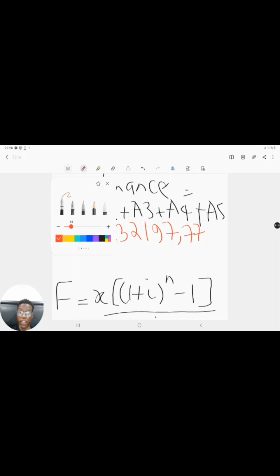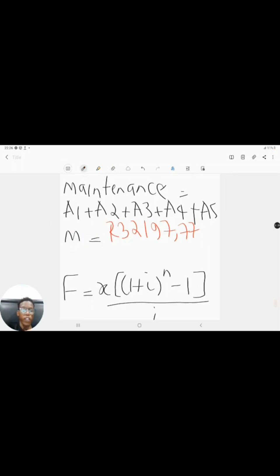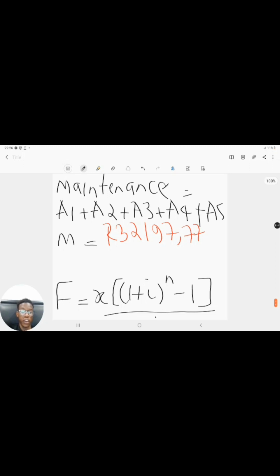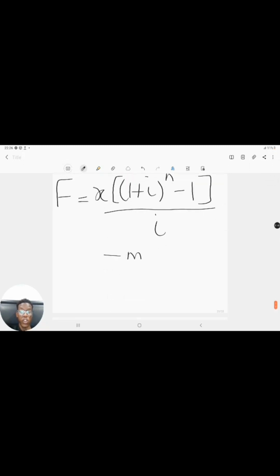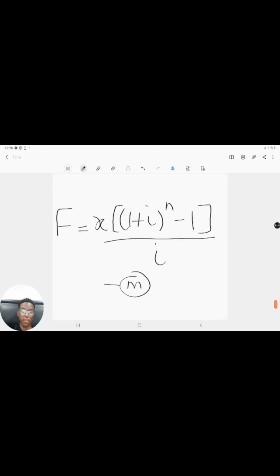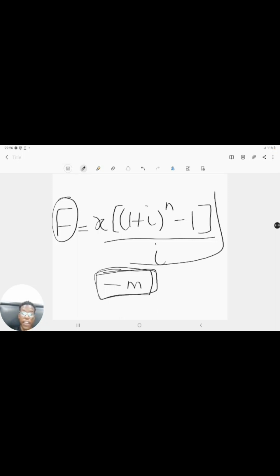Okay, so that's the value that you're going to have to take away. So from this formula here, you're going to have to subtract that maintenance amount. If you subtract this maintenance amount, you will agree with me that for us to keep this value the same while subtracting that maintenance amount, then that entire value will have to be bigger. But in order for that entire value to be bigger, that X will have to be bigger.